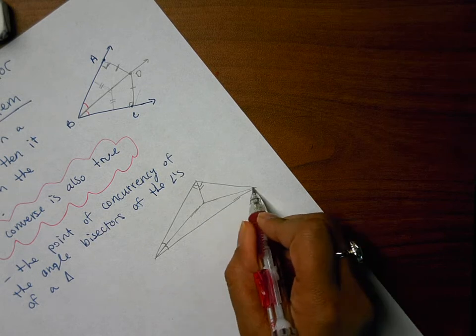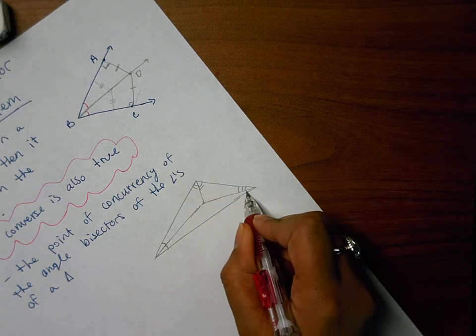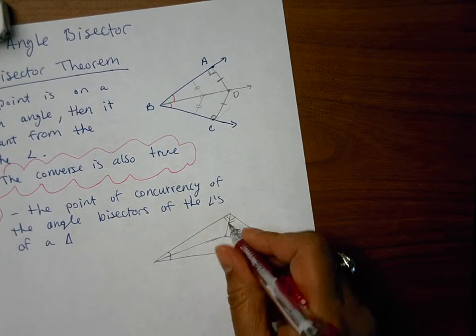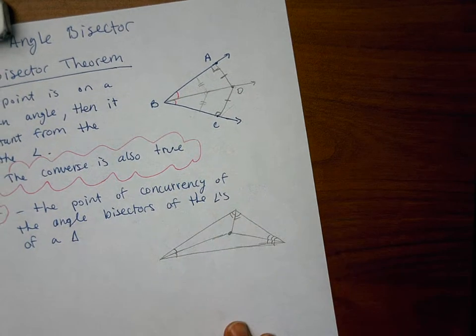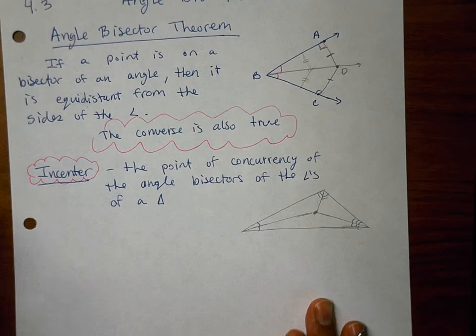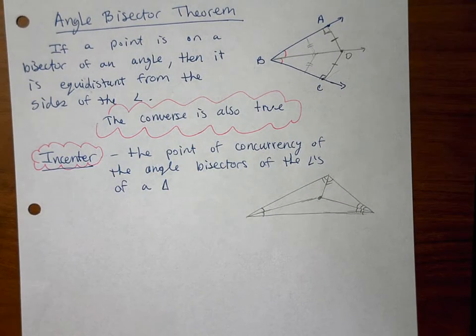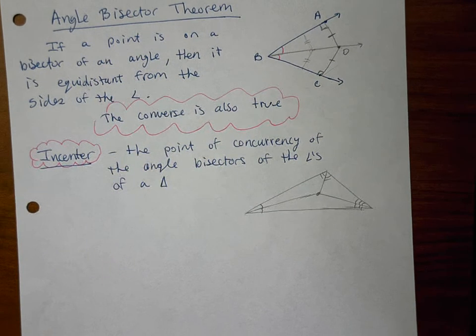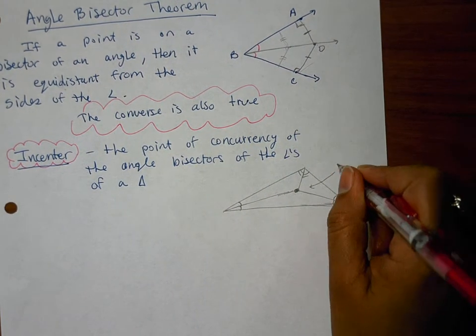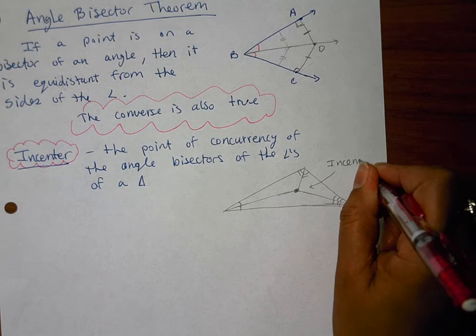If you were to get construction tools and actually do this the proper way, you would see that all three angle bisectors intersect at one point, and we call that the point of concurrency, and that point is called the incenter.